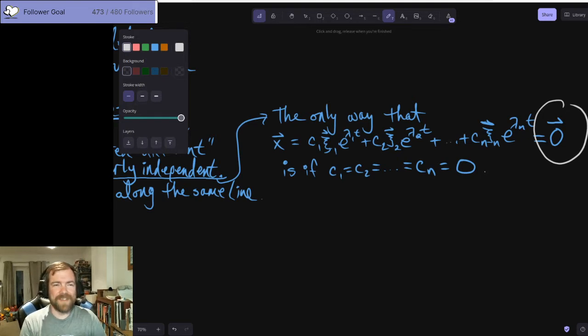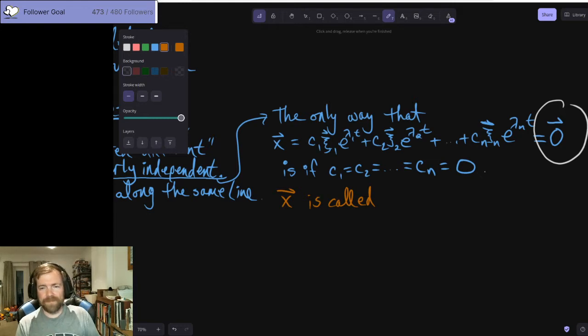I mean, the thing that maps to 0 is called the kernel. But what specifically are you talking about? I need more information. That's all right. So that particular x vector is going to be called the nullspace solution.